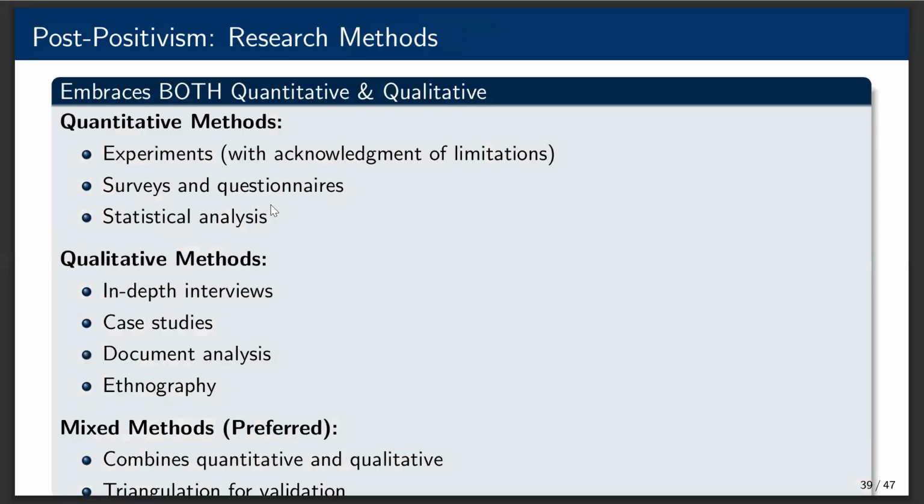So it embraces both quantitative and qualitative methods. Quantitative methods include experiments, surveys and questionnaires, with statistical analysis. Qualitative methods include in-depth interviews, case studies, document analysis, and ethnography. Mixed methods combine quantitative and qualitative for triangulation and validation.